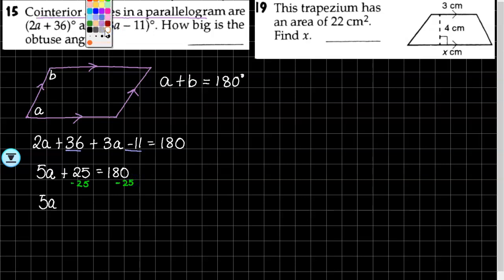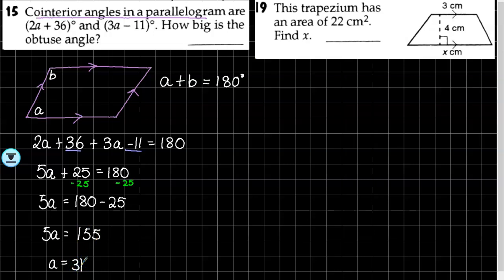I'm a fan of just saying I wanted to get rid of this plus 25, so I had to take 25 from the other side. So now we've got 5a equals 155. Check that, 165. No, that's right, 155. And therefore, to get rid of the times 5, we have to divide by 5. So that will be 31.